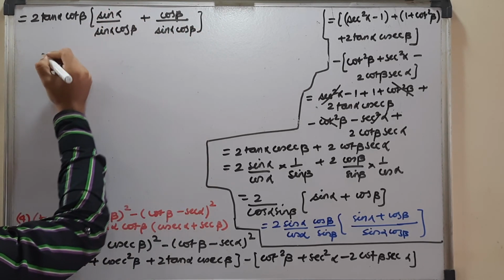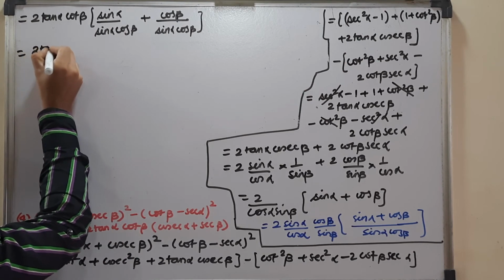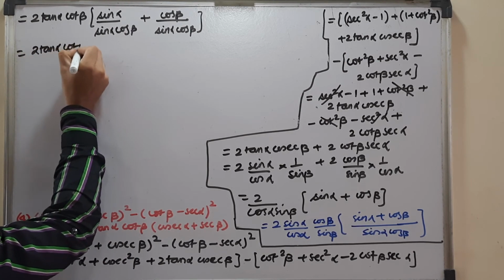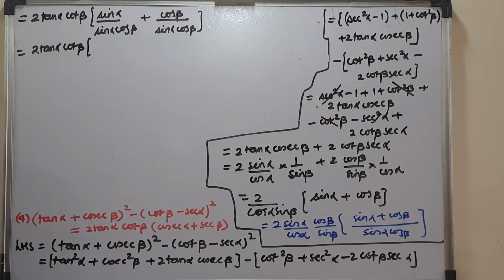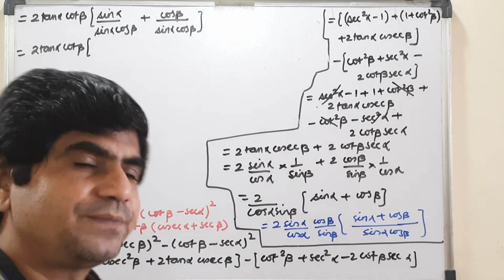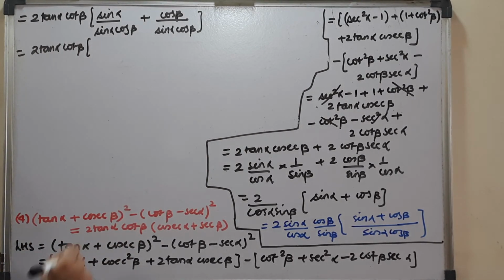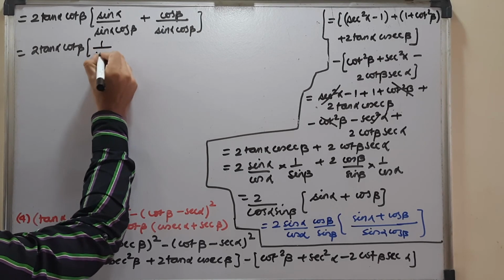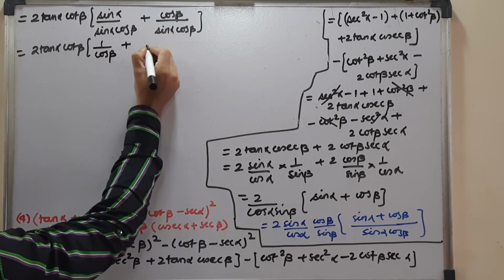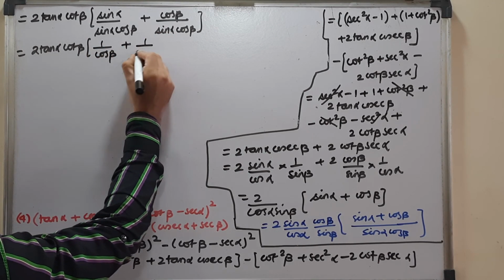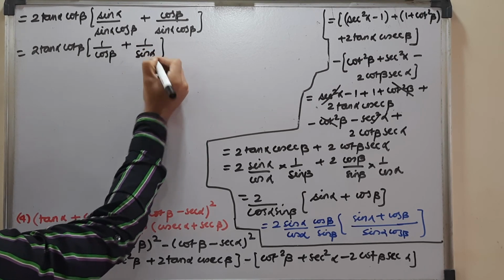So sin alpha cancels. I have not written reasons, please, you have to write reasons at every step. So here it divides off, so I get 1 by cos beta, and it divides here also, so 1 by sin alpha.